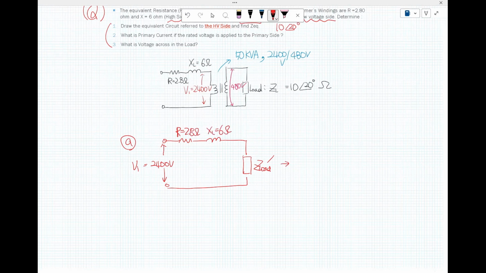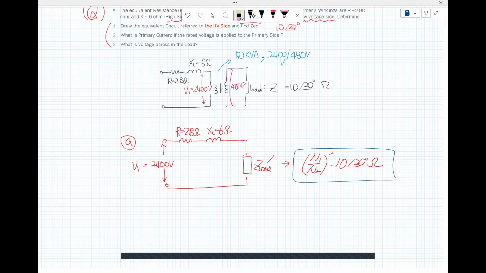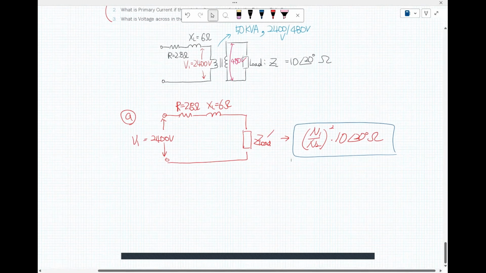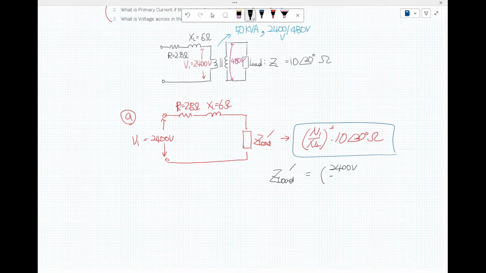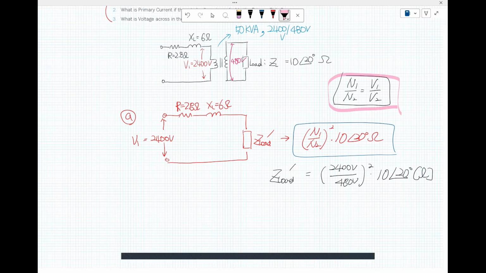The load gets multiplied by N sub 1 over N sub 2 squared, which is V sub 1 over V sub 2, as we learned before.